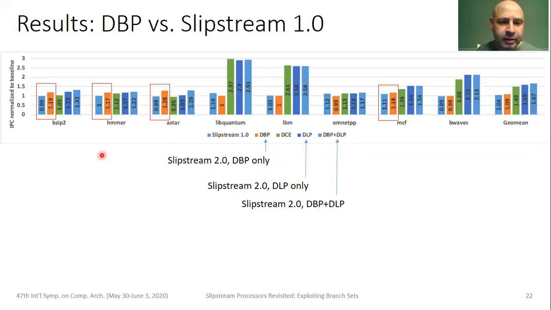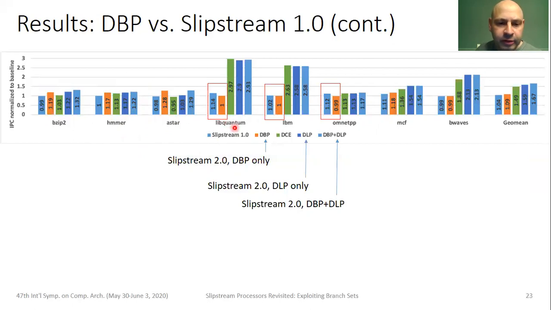So let's begin by comparing DBP, the orange bar, against the original Slipstream targeting branch pre-execution. You can see that we're much more effective at branch pre-execution than Slipstream 1.0 in these 4 benchmarks here. These 4 benchmarks do have quite a bit of delinquent branches, and we're much more effective at pre-executing them, thereby achieving our goal.